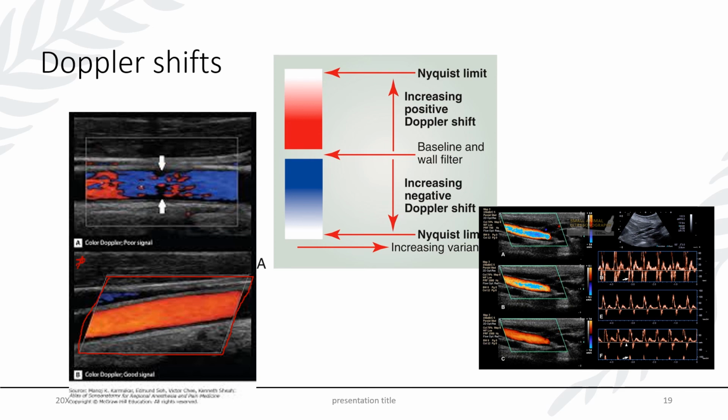So this B mode image is being created according to principle 1 that we talked about. And then we're telling our equipment, I want to obtain color Doppler information as well. So this color Doppler image, it's sending out scan lines in this direction with this parallelogram box that we have created here.